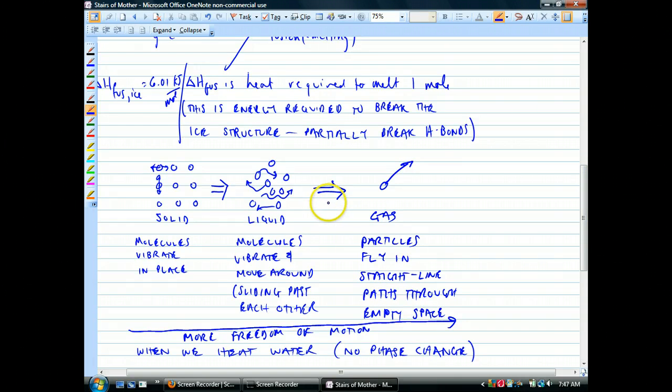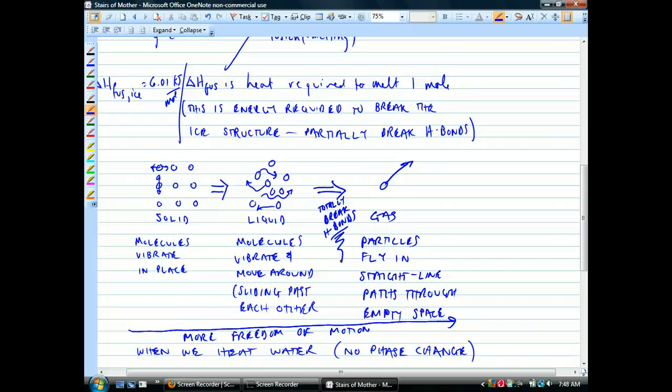Now, again, in the phase transition, to get from here to here, we have to totally break the hydrogen bonds. So that's why it takes 40,700 joules to vaporize 1 mole of water. You have to actually rip those water molecules apart. Remember the hydrogen bonds?